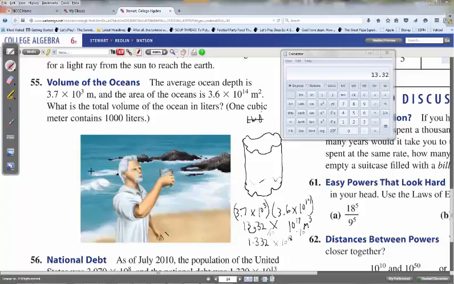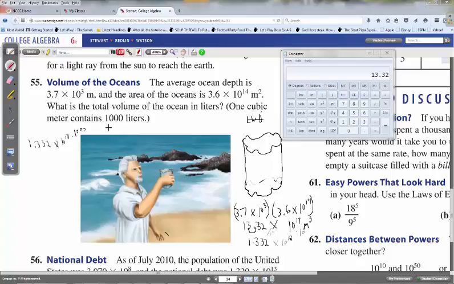Now, need to convert to liters. Every cubic meter has 1,000 liters in it. So I'm going to take my number of cubic meters, which is 1.332 times 10 to the 18th, and I'm going to multiply that times 1,000.